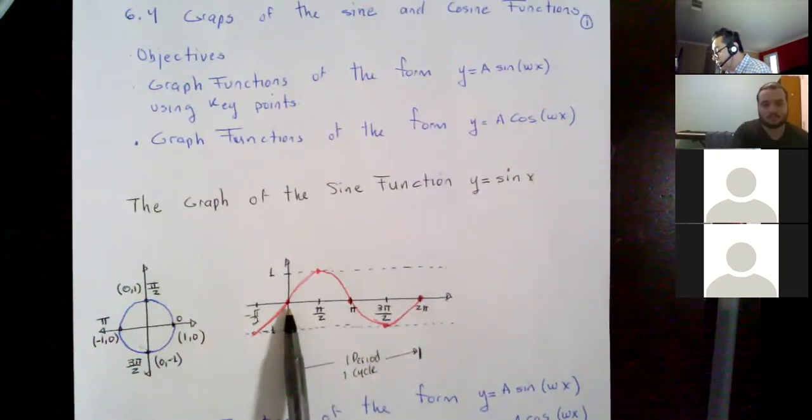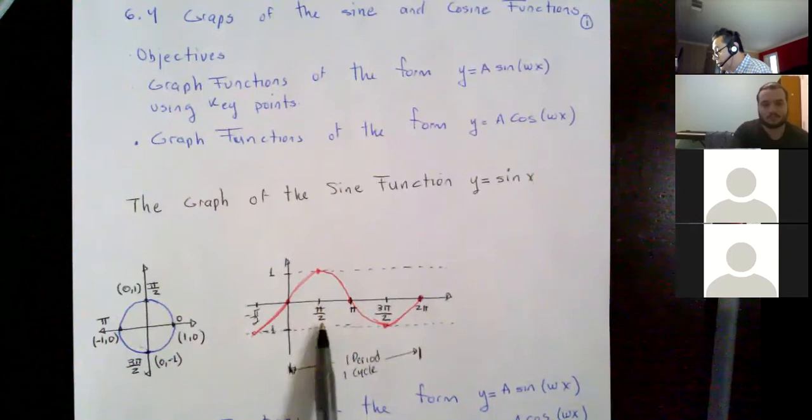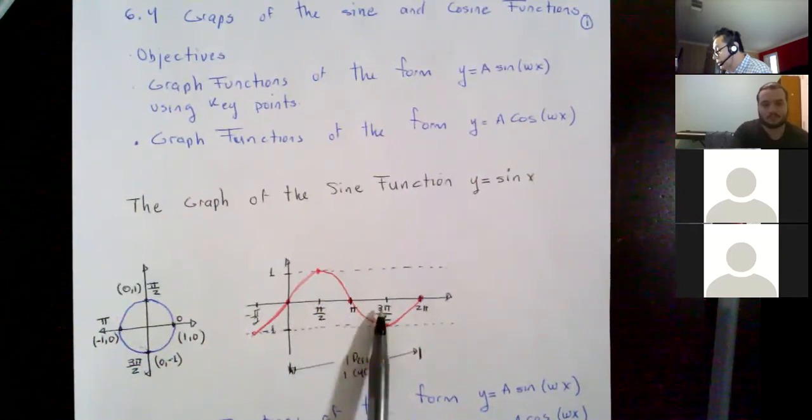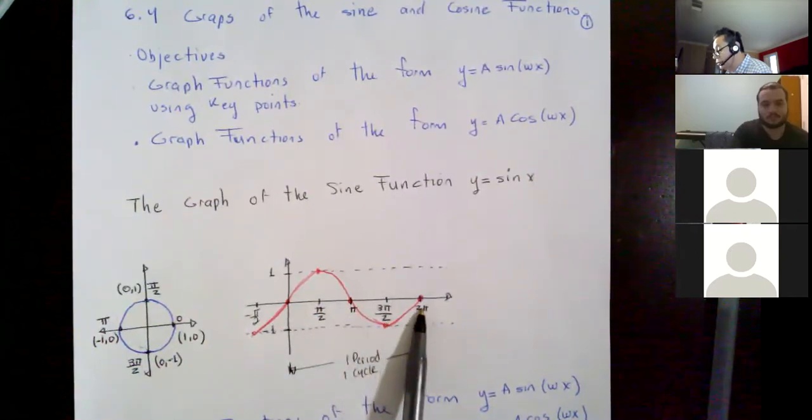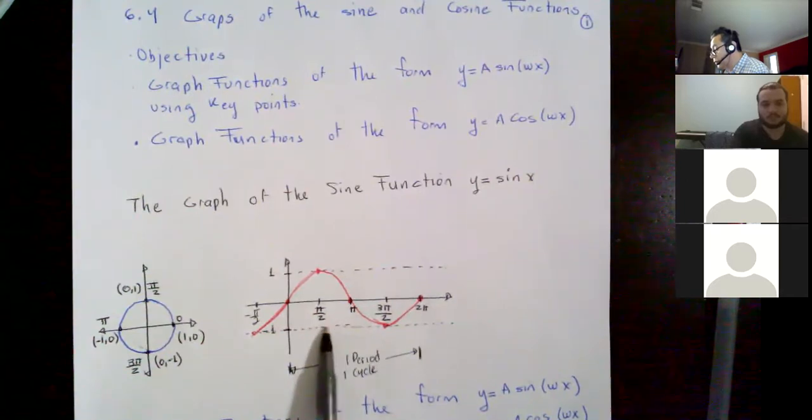These values are known as key points. How do I find the key points? First, I'm going to find the period.